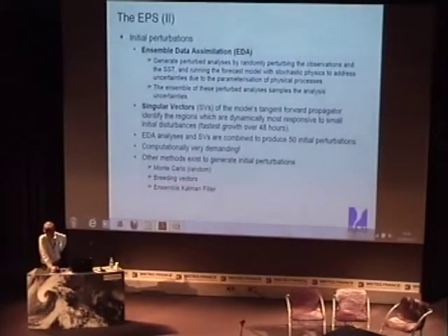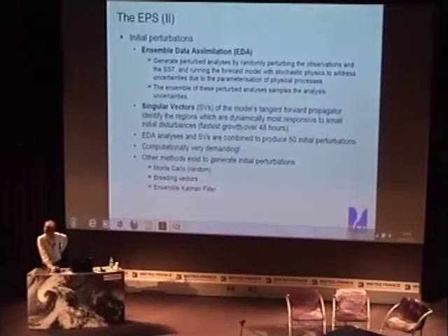The initial perturbations are achieved using a technique called ensemble data assimilation and singular vectors. The principle of ensemble data assimilation is to generate a set of different analyses by perturbing observations and sea surface temperatures slightly at the beginning, and then running an analysis on that.